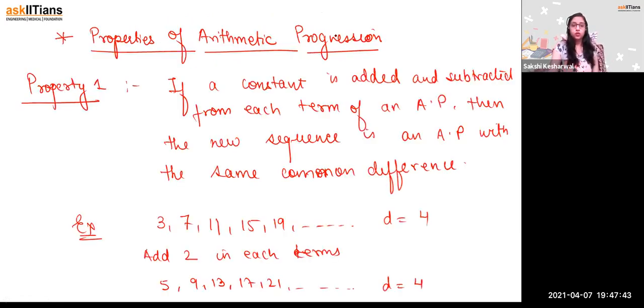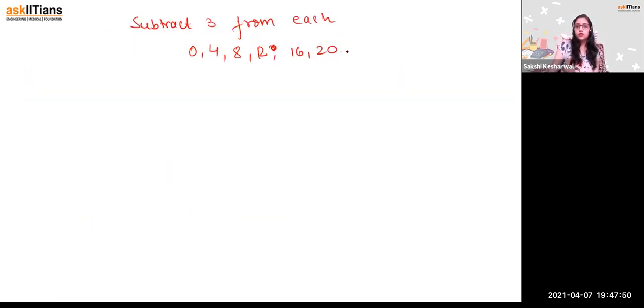Right? This was the sequence for us, and we subtracted from each term. Is this still an AP? Yes, still an AP. The common difference remains the same, you're adding 4, adding 4, adding 4. So D is equal to 4. This is the first property.